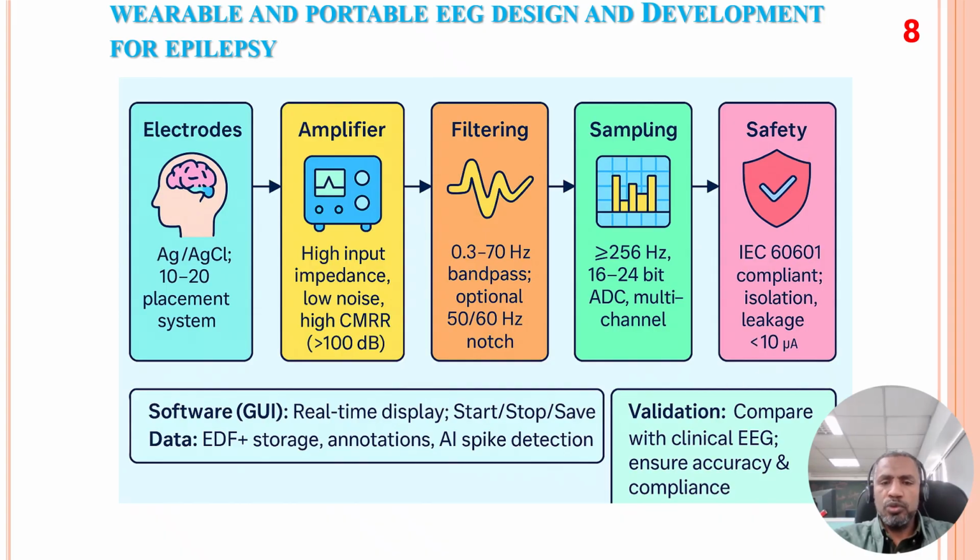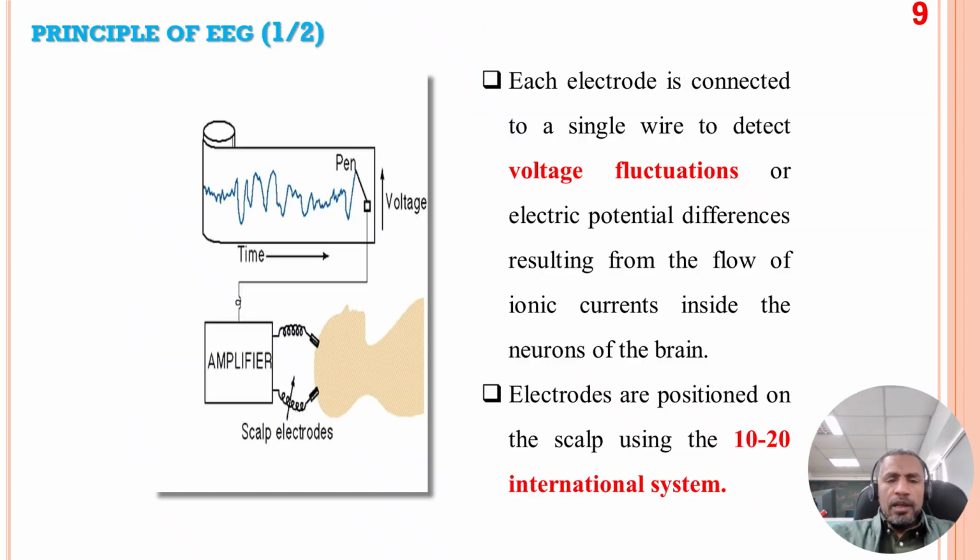Let's come back to clinical EEG. The principle of EEG: how the EEG works is with electrodes. As mentioned earlier, these electrodes are connected with a single wire to detect voltage fluctuation or electrical potential differences resulting from the flow of ionic current inside neurons.